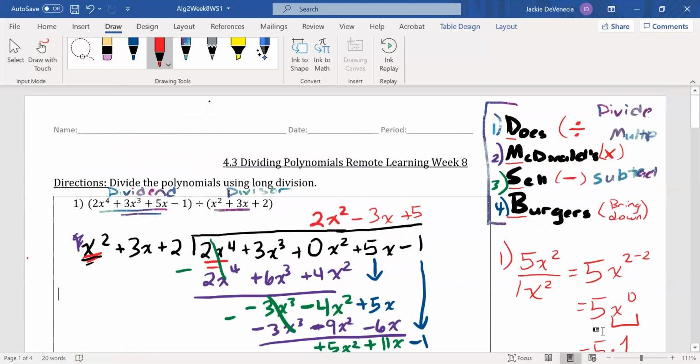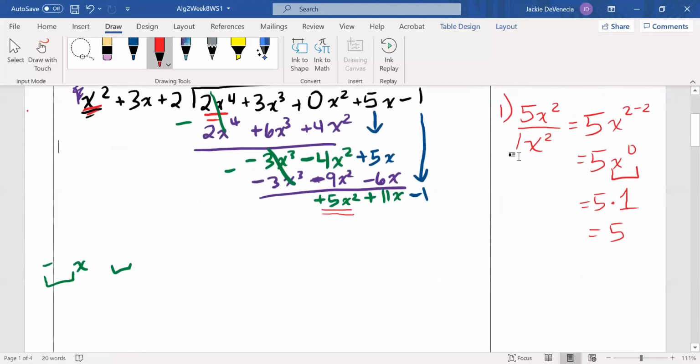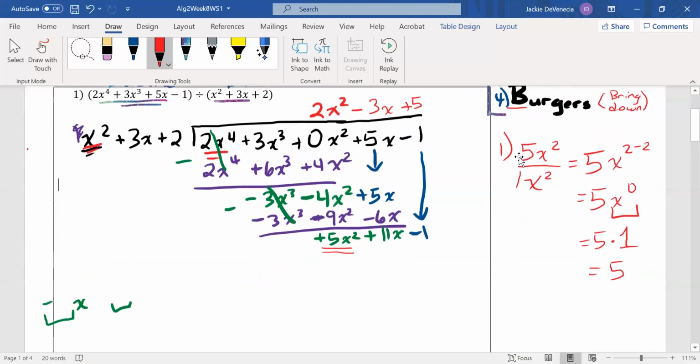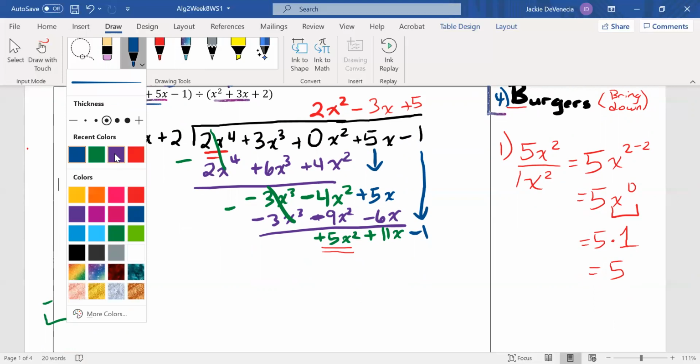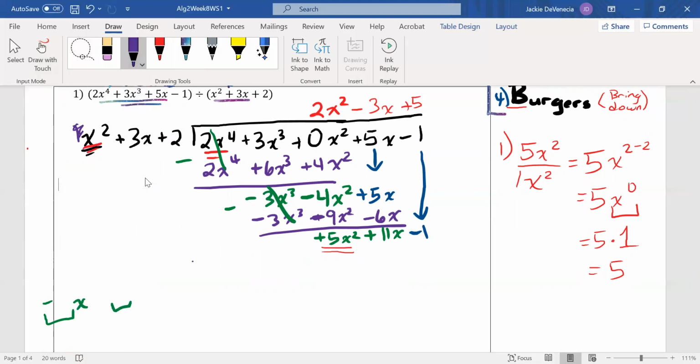Okay, so now what's my next step? I'm done with Does. Now I'm up to McDonald's, which is multiply. So I'm going to take that 5 and multiply it by our divisor. It's always going to be the divisor, or that number outside of the house.